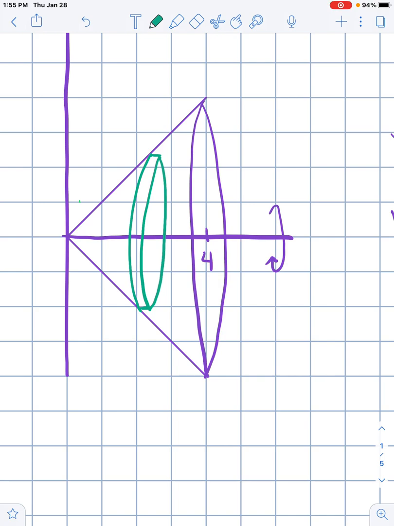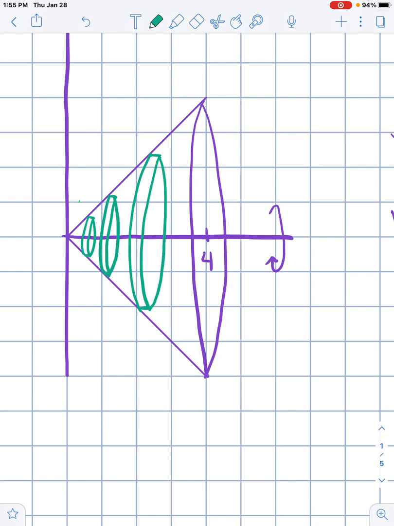But instead of finding the area of one rectangle and adding those together, we're going to find the volume of one cylinder and add an infinite number of those together. Just like with the rectangles, each cylinder I draw is going to have a different size based on where I'm at along the function. Some will be bigger, some will be smaller, but there are going to eventually be an infinite number of these.